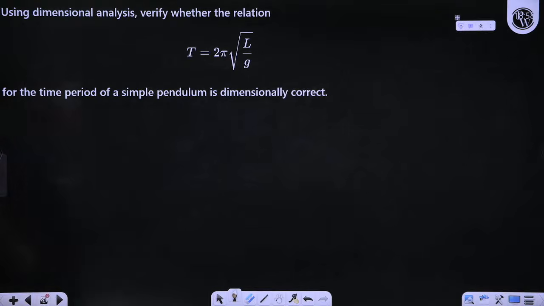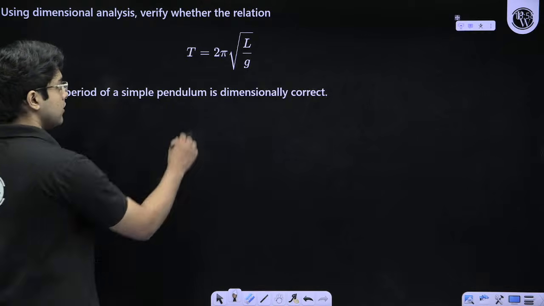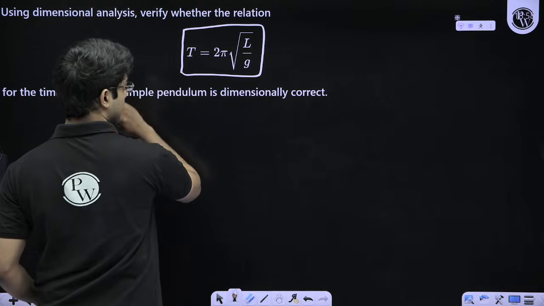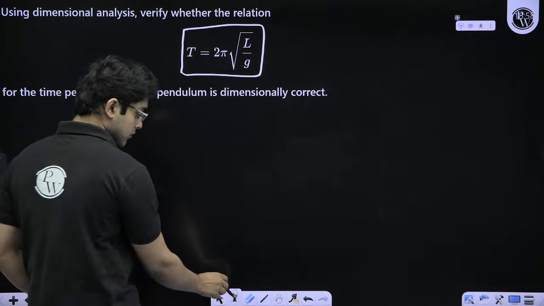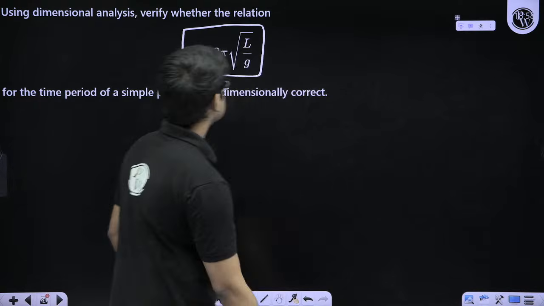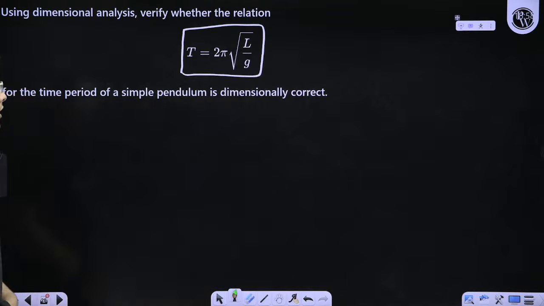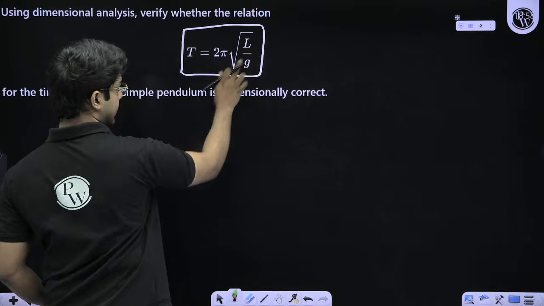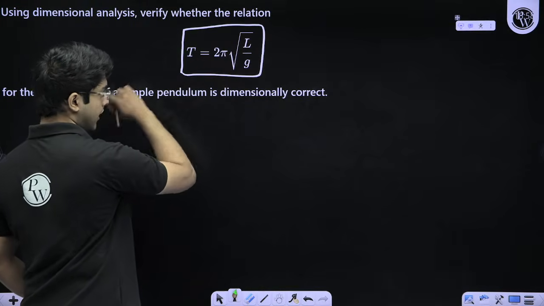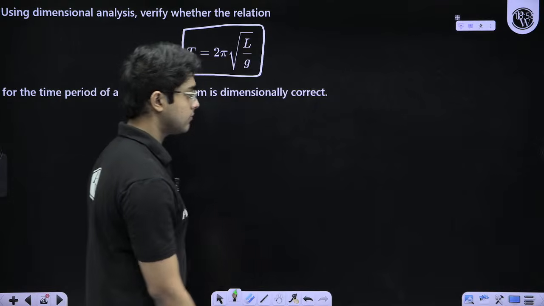Now we will derive an expression for the time period of a pendulum using dimensions. This is the exact formula for the time period, but we are trying to derive a formula which looks like this.